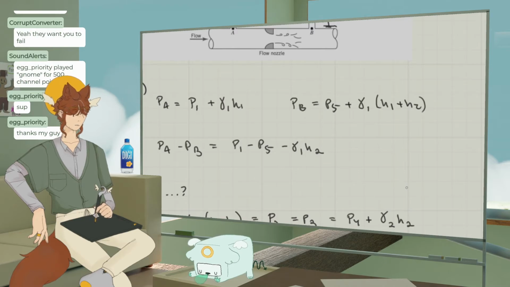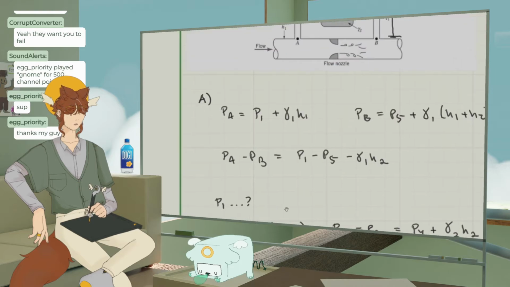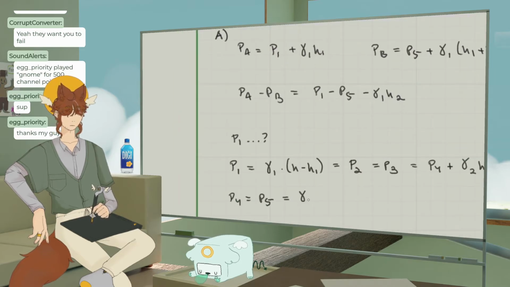Okay, slowly. Now P3 equals that, P4 equals that. P4 equals P5, we're gonna minus, and the h's are gonna cancel out, I think. Rho 2 times h minus h1 minus h2? That's what we had before, I think.